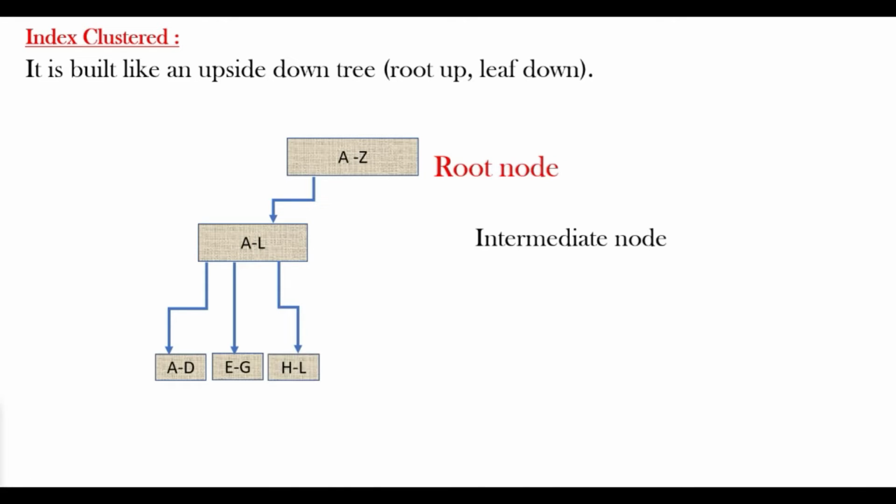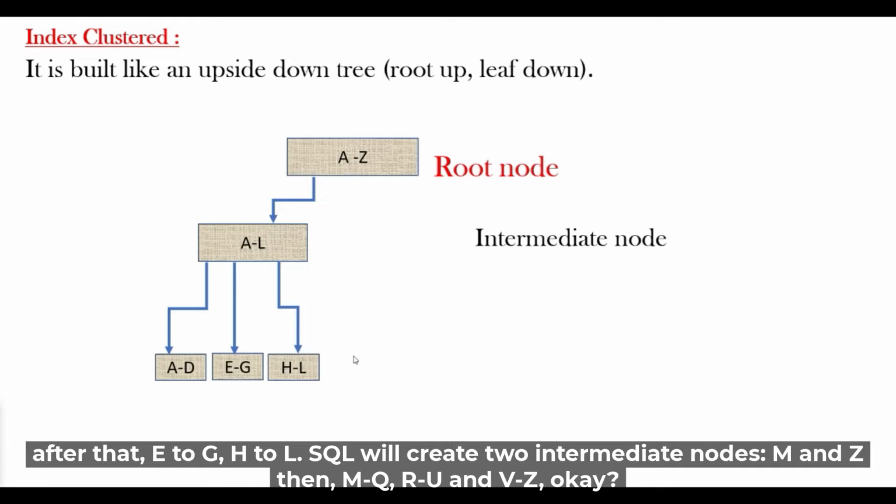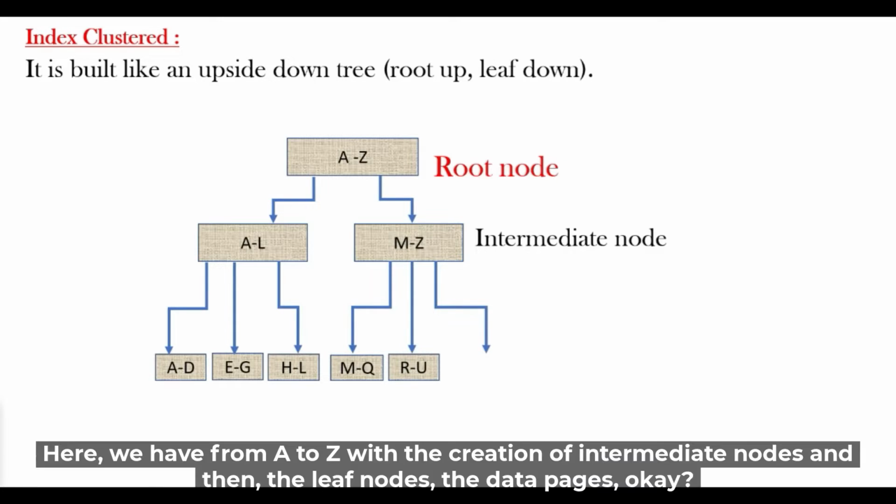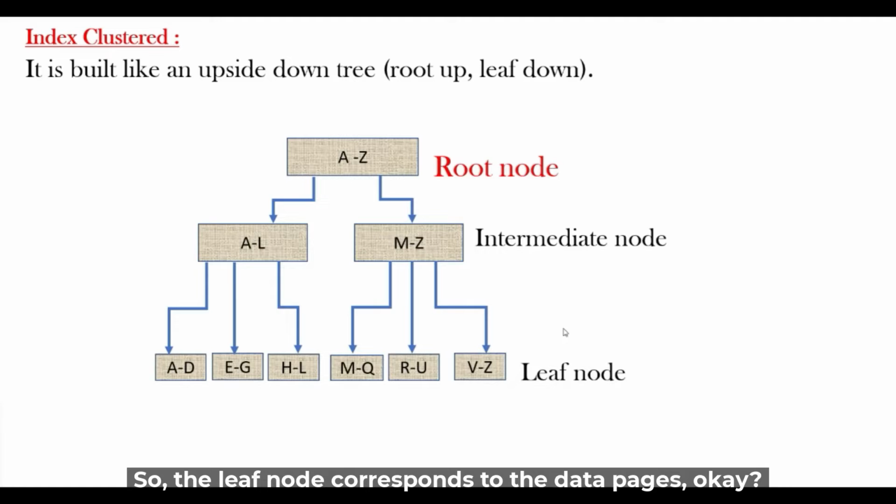After that, A to G, H to L, SQL will create two intermediate nodes, M to Z, then M to Q, R to U, and so on, and V to Z. Here we are from A to Z with the creation of the intermediate nodes, and then the leaf nodes, the data pages. So the leaf node corresponds to the data pages.